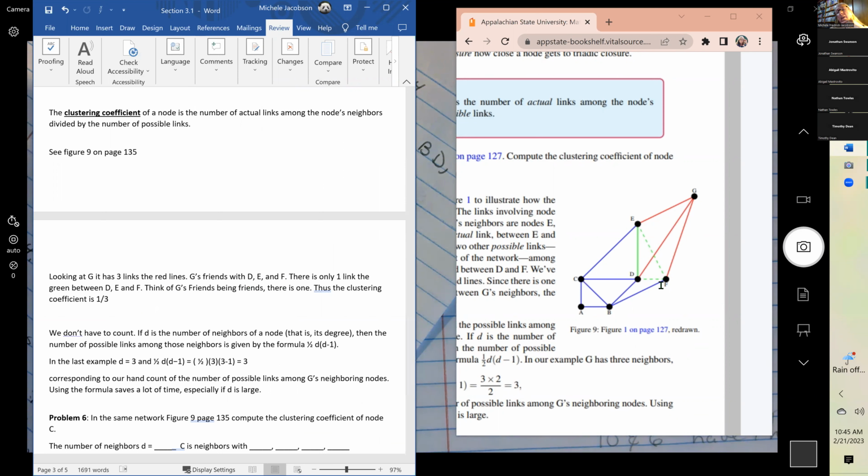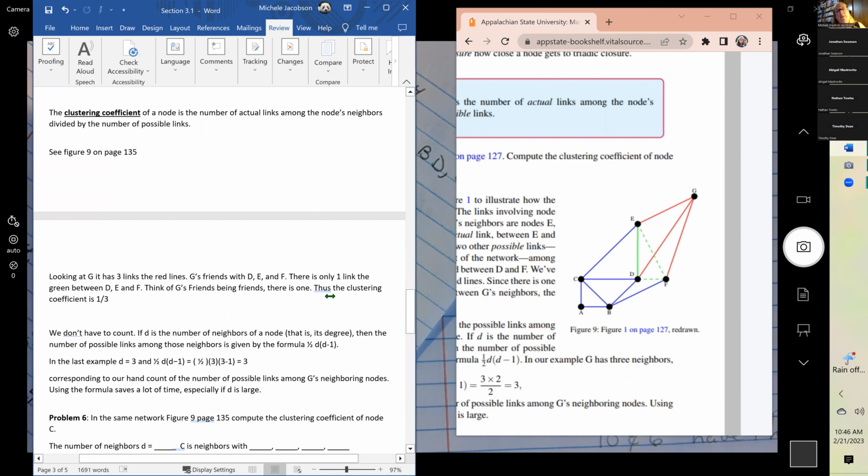But notice of those friends, D, E, and F, only one pair connects. E and D know each other, but they don't know F. There's only one green link.